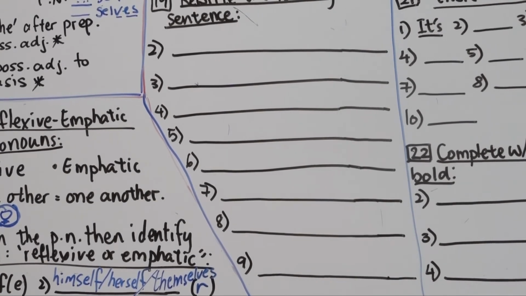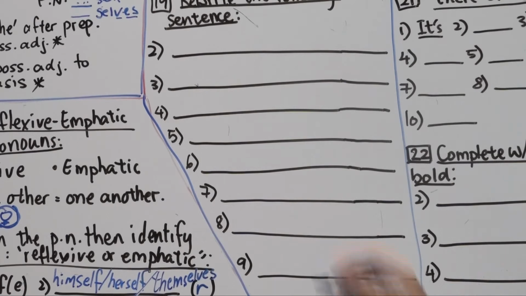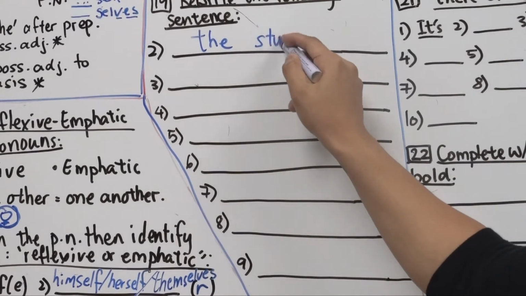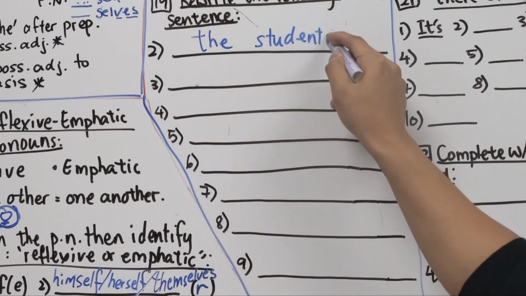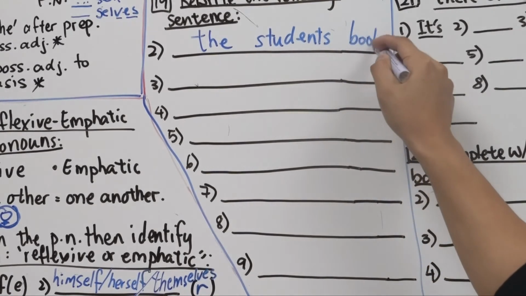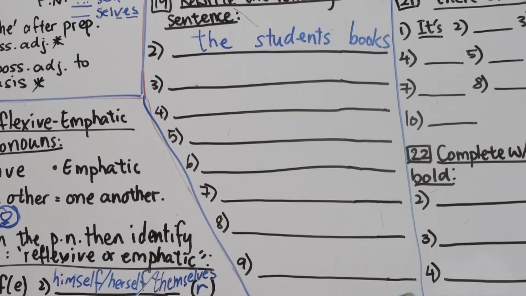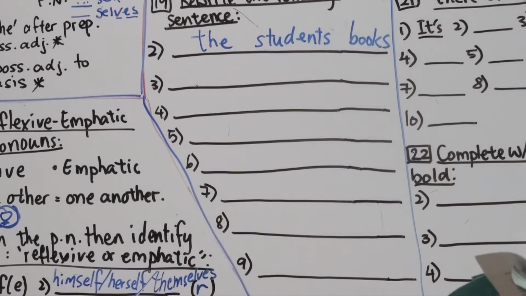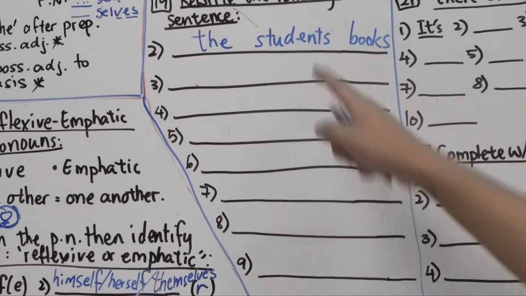The students' books. Before I write down the full answer, I'll write in the partial. Look at the first sentence. The students, it has an S. That means it is a plural noun. So where should I put the apostrophe to refer to the books of the students?